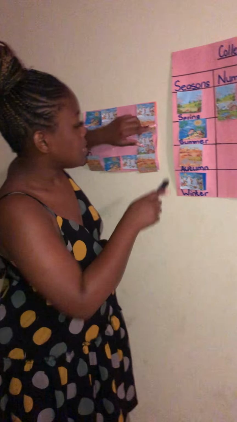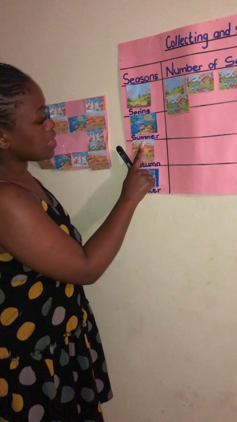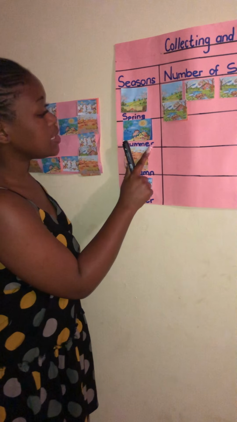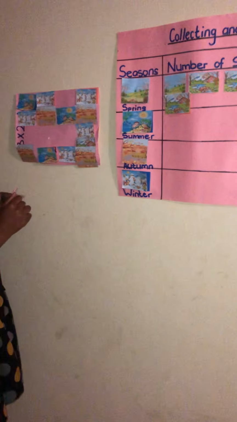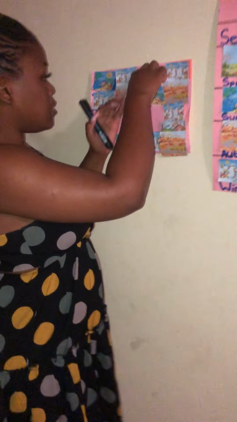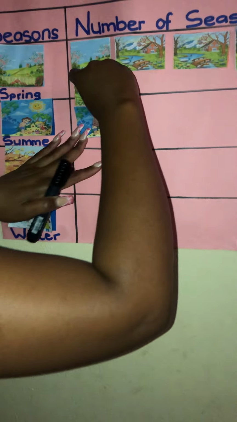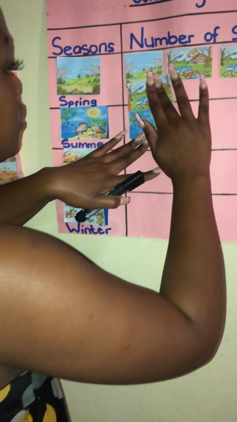Now the next season is called the summer season. Can you see here? Summer season. Now let's look for all the summer seasons here. This is the first one. Okay, this is one. The next one. There is the other one, 2.